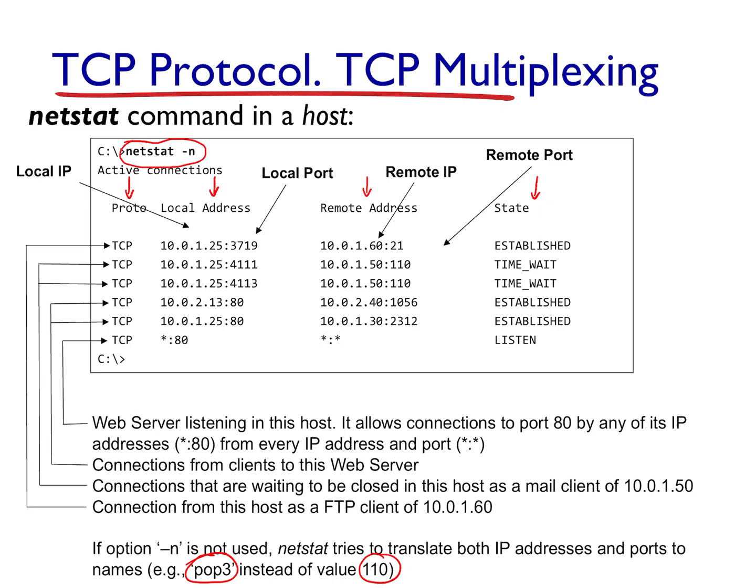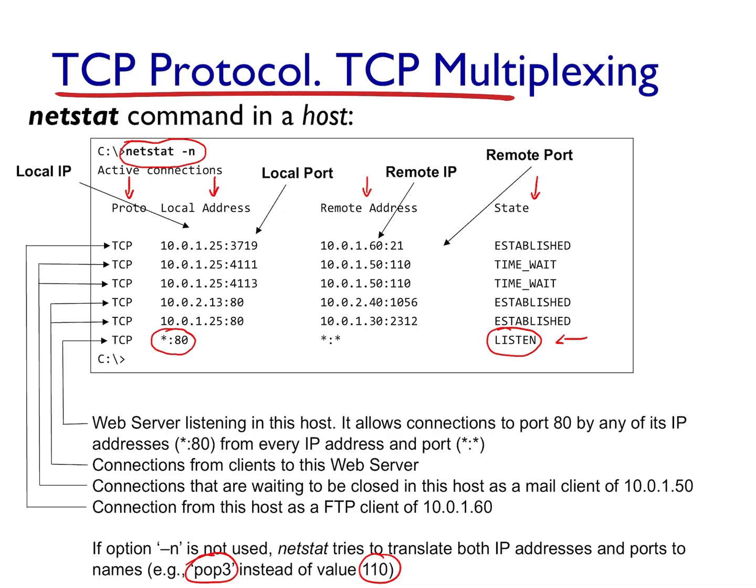So let me go from bottom to up in the list. If we look at the last row, we are seeing that we have a state listen. It means that we are listening on a specific port. If we go to the second column, which refers to our local computer, we can see that it's an asterisk and 80, it means that my port 80 is in mode listen, and I will accept incoming requests to any of my IP addresses listening on port 80.